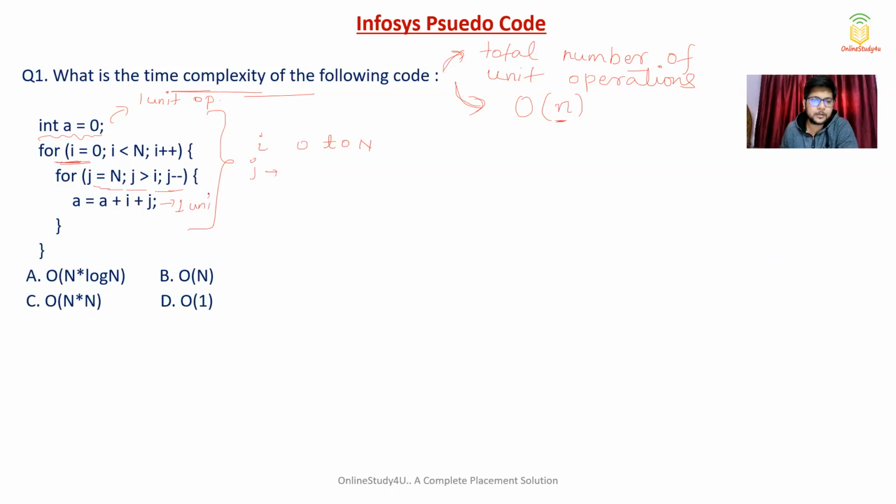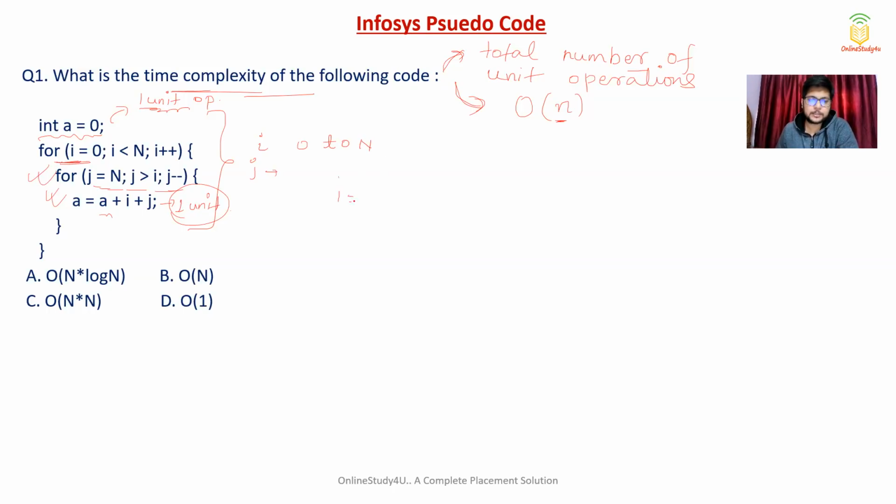So we will count the total number of unit operations in the code. 1 unit operation is here, and for every iteration of j, there is 1 unit operation. So basically, we just have to calculate how many times the loop runs, and that will give me the total number of unit operations, and then we can calculate the time complexity.